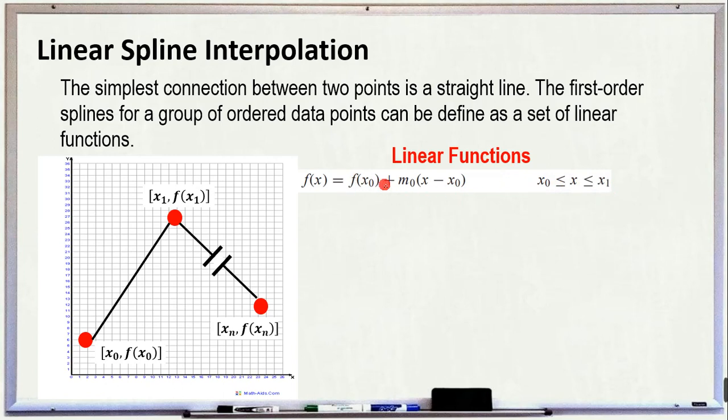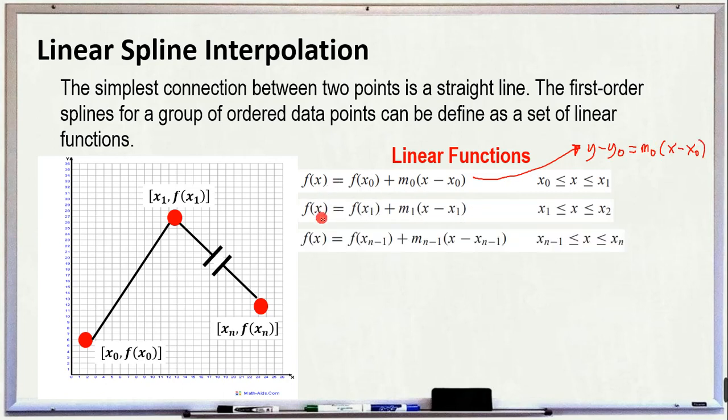And by the way, this formula comes from the formula for a line, y minus y naught is equal to the initial slope times x minus x naught. Now for the second line, you have this second linear function with its given domain, and so on and so forth.